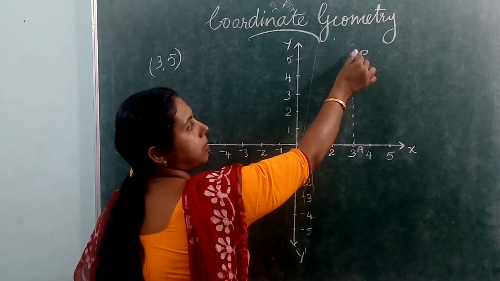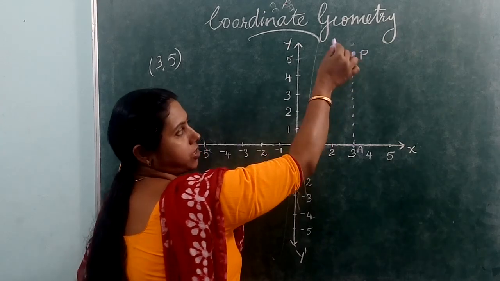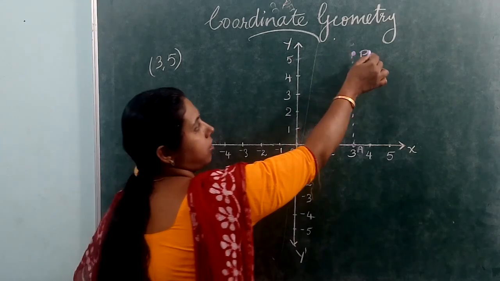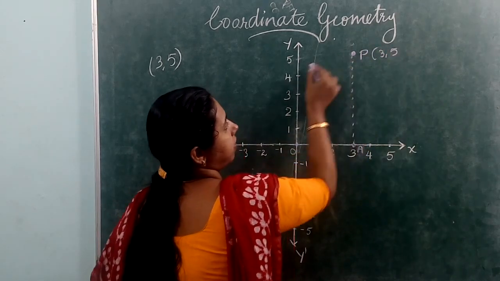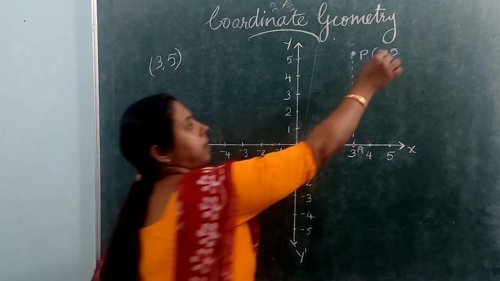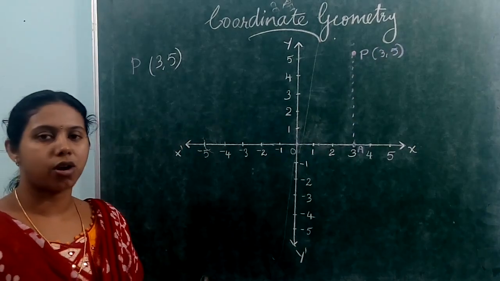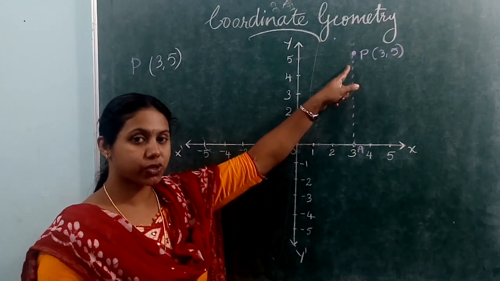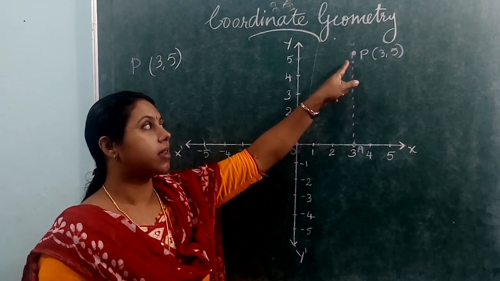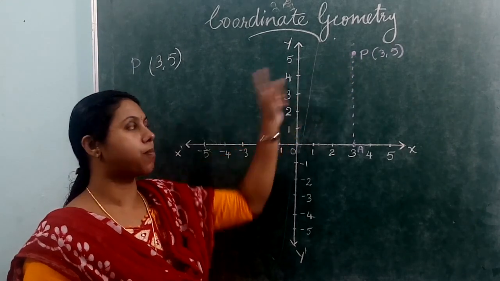So the position of P is the point whose coordinates are (3, 5). Note that the point P lies in the first quadrant, since both the coordinates of P are positive.